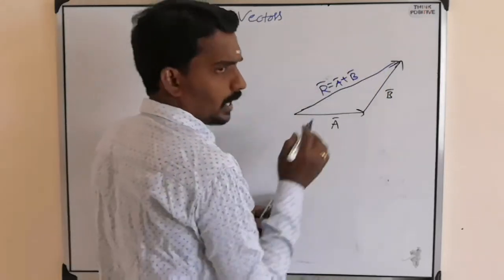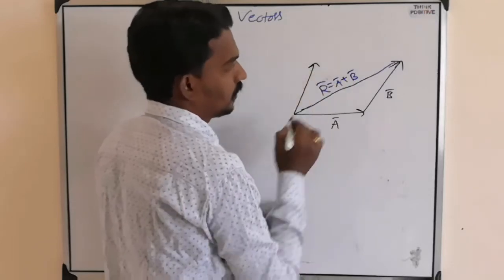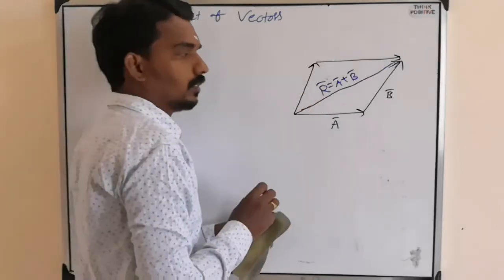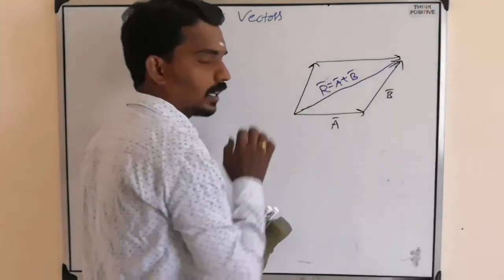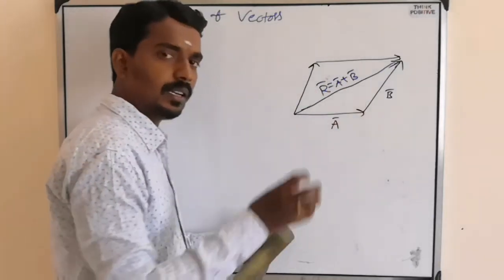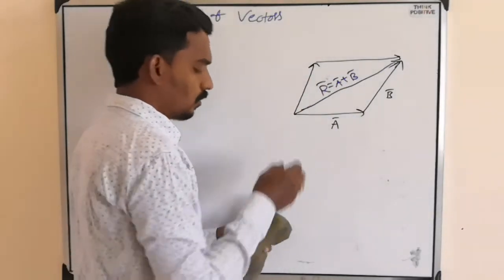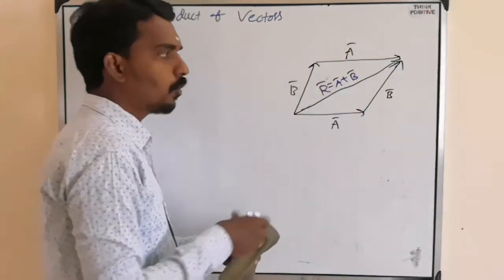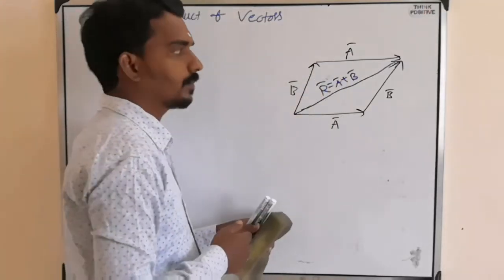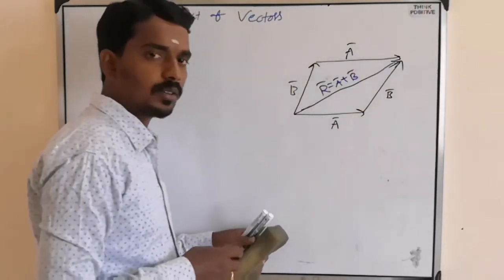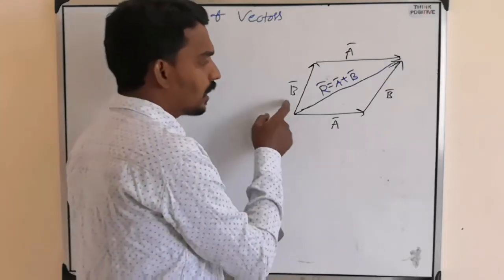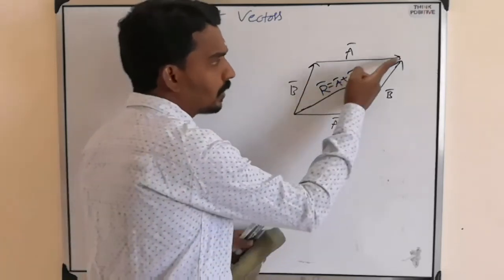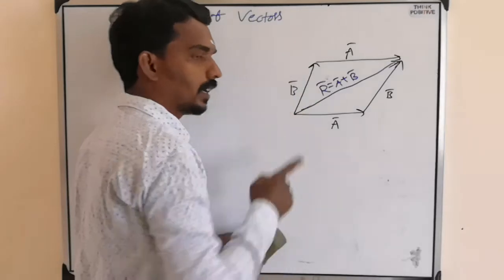Now if you redraw B bar here, and redraw A bar here, then earlier it was looking like a triangle, and that we call the triangular law of vector addition. Now this is B bar, this is A bar, where opposite sides are equal and parallel, and this looks like a parallelogram law, where A bar and B bar are adjacent sides of a parallelogram.